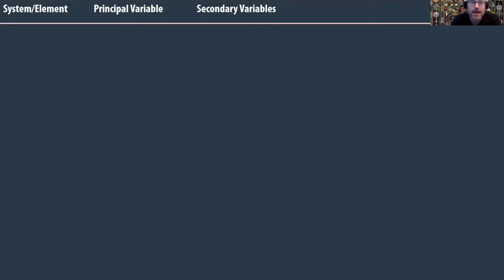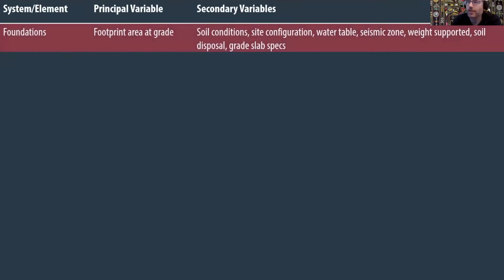When we are looking at any element in a building, like those elements I just showed you, we're looking at what changes those elements from a cost perspective. There are a number of variables, some principal variables and also some secondary variables. If we're looking at something like foundations, a principal variable is the footprint of the building. If you drew a perimeter around it, that footprint, if it changes, is obviously a driving factor of the cost of a foundation.